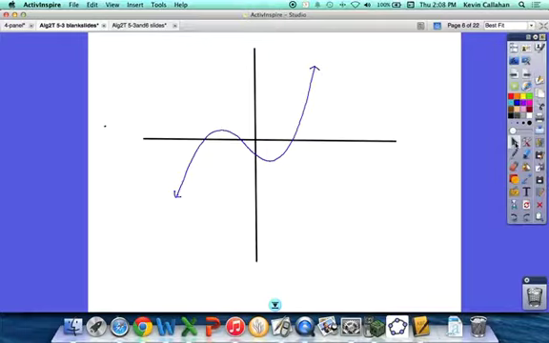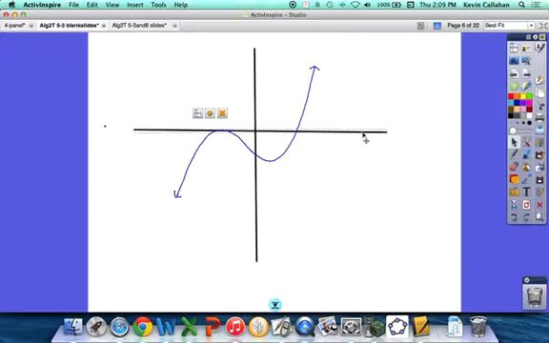It can't be straight up and down like that.